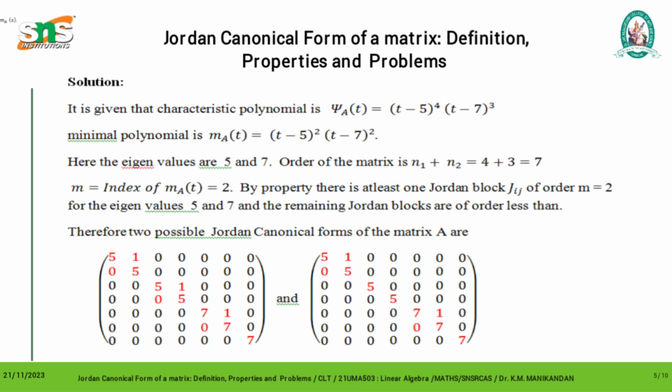And in the characteristic polynomial, for the eigenvalue 7, there is one index left. So we have framed one single block for the eigenvalue 7. The remaining entries are equal to 0.